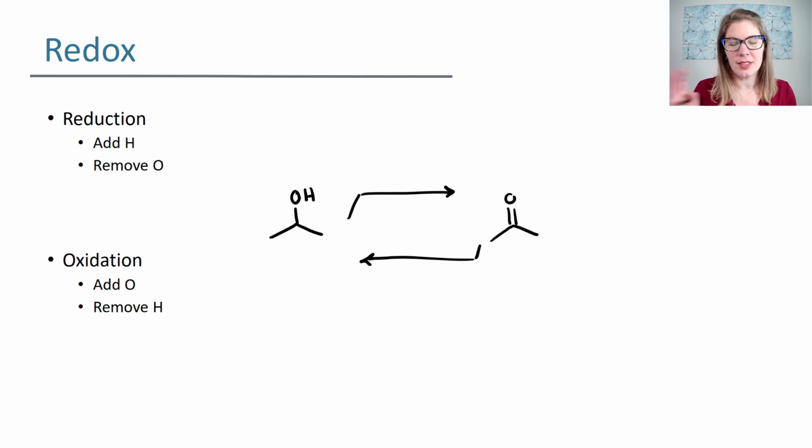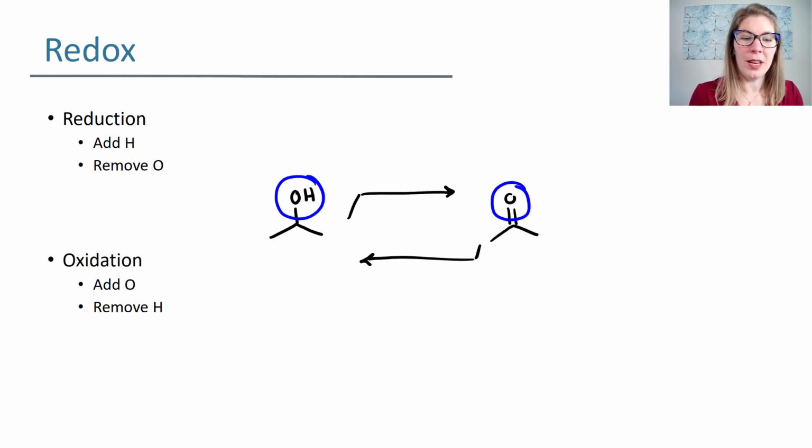When I consider the cycle over on the right-hand side, what I notice is here I have one bond to oxygen, and over here I have two bonds to oxygen. So in a way, I'm adding oxygen. So going from an alcohol to a ketone would be oxidation.